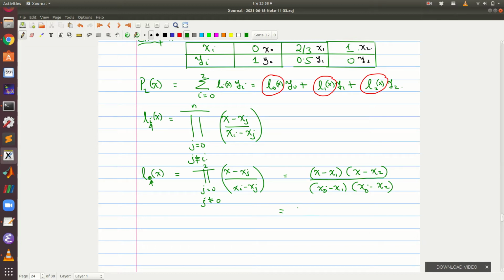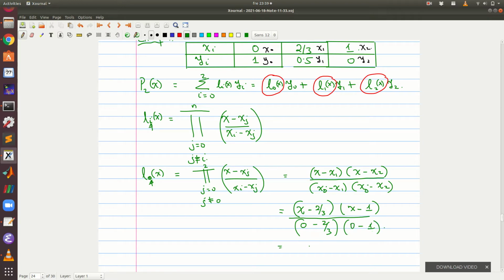So the rest is just now substituting. Well, we want to find the polynomial of degree n, so we don't know yet that, but we know the value of x1. x1 is 2/3, and then into x minus x2, x2 is 1, and then everything here divided by x0 is 0 from the table, then minus 2/3, and then here we have 0 minus 1.